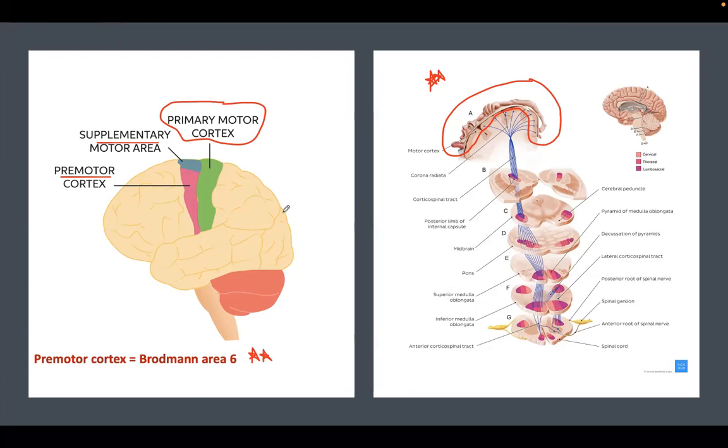Again, please remember that the premotor cortex is also known as Brodmann's Area 6 or BA6. And always remember the primary motor cortex is Brodmann Area 4. Okay, now I want you guys to remember this by heart.